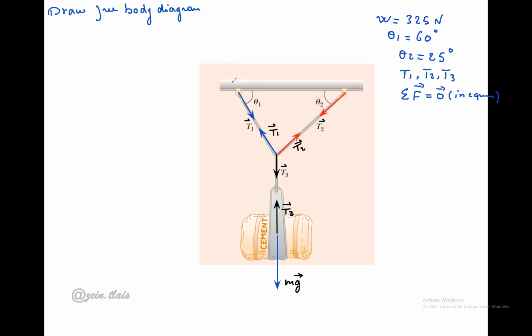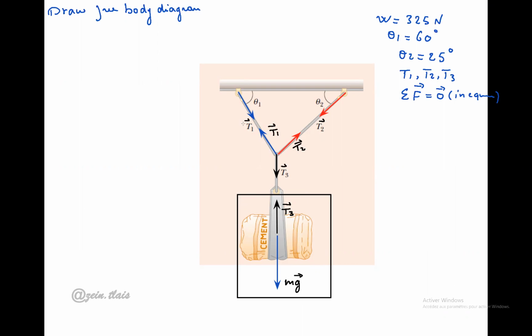Now, as you see here, we have to calculate the tensions. First of all, I have two systems here. The first one is this object, mg and T3. We can apply Newton's law.